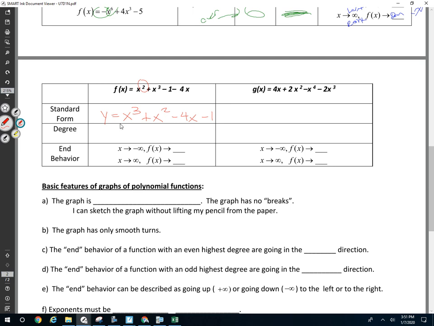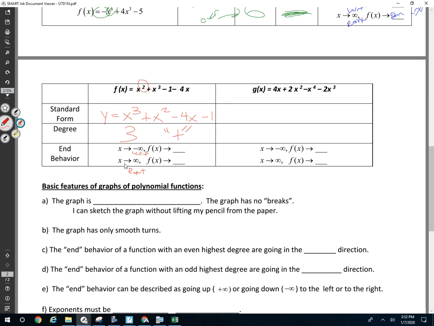We see that 3 is the highest degree. We see that it's a positive. Please write down, if we go to the left, am I going up or down? And if we go to the right, am I going up or down?